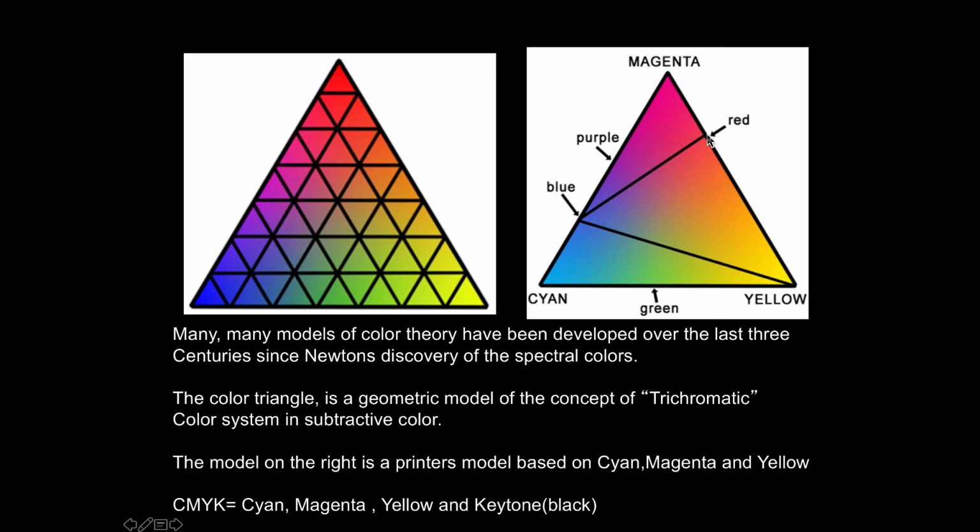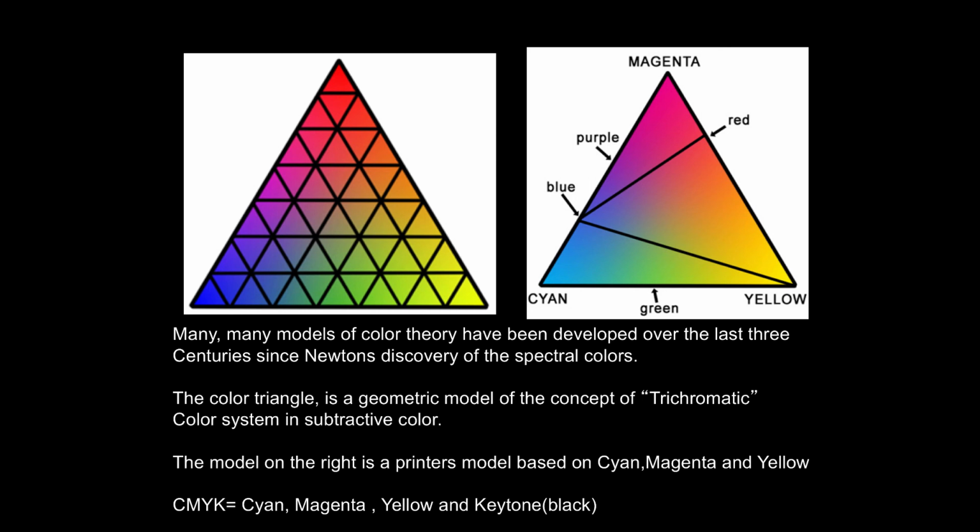So your red is here, your blue is here, and your yellow is here. Why are they set up in what's called a trichromatic relationship? There have been many models over the years. Some are made of 5 colors, some have been made of 7 colors. But the ones that seem to survive are the ones that are made of 3 primary colors. And we're going to stick to that model.